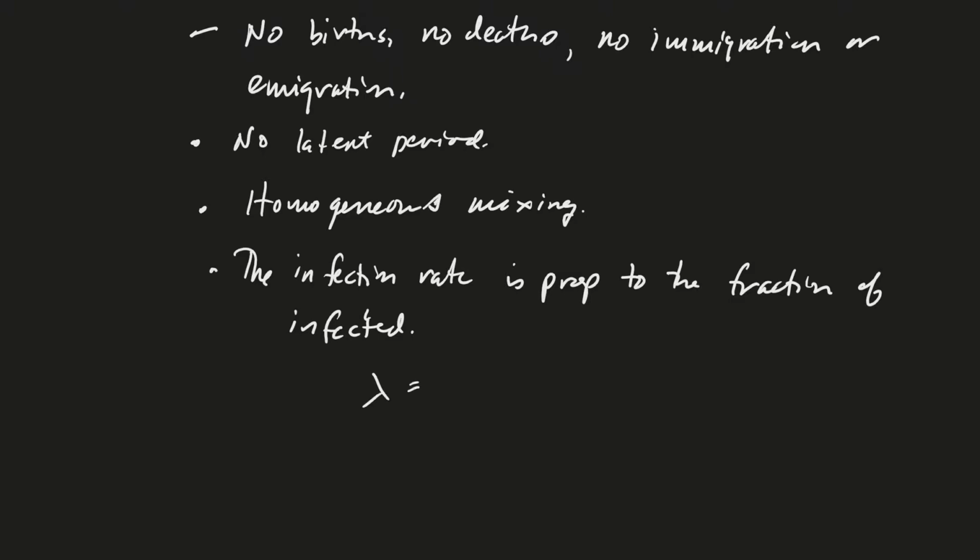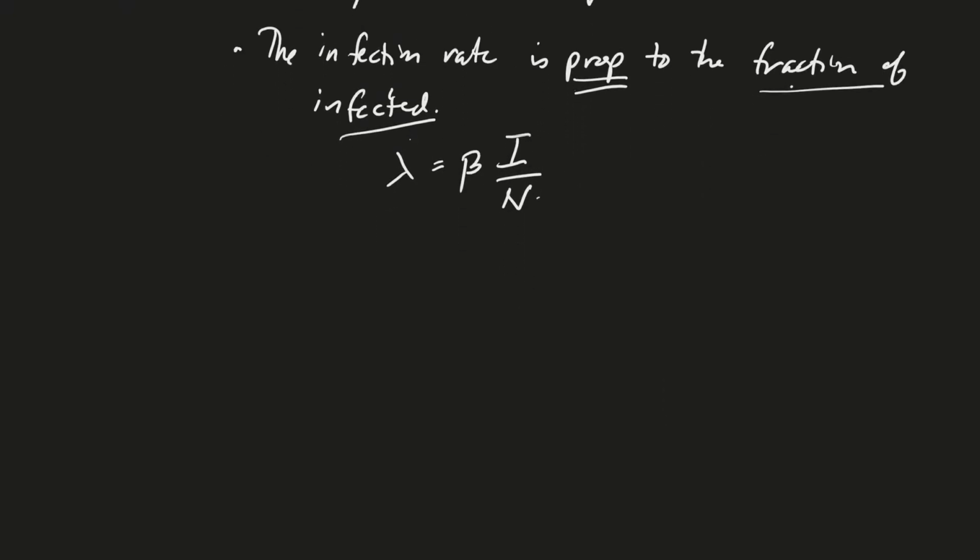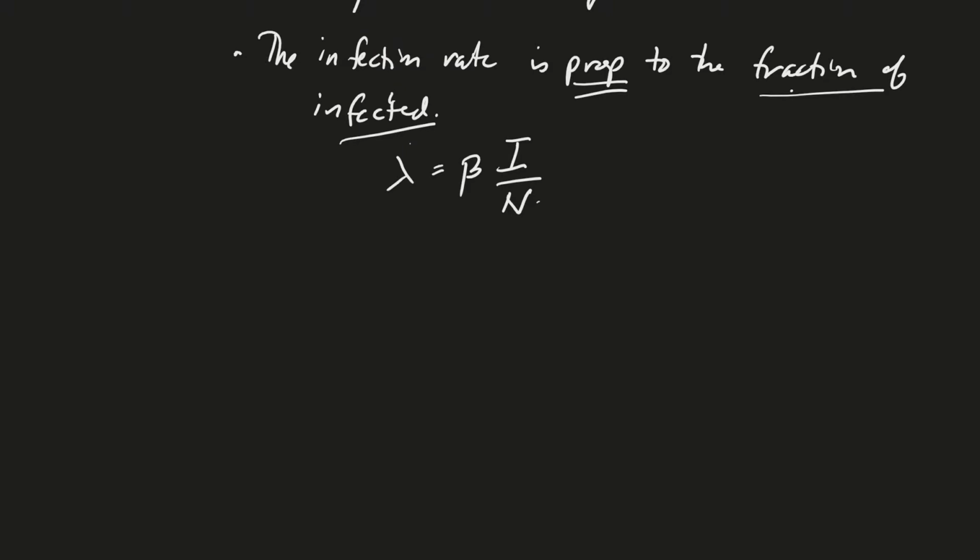It'll change in time, but it's going to be equal to the proportion of the infected. So that's the fraction of the infected, I over N, right? Because N is the total population. And then we're proportional to the fraction of infected. Okay, good.